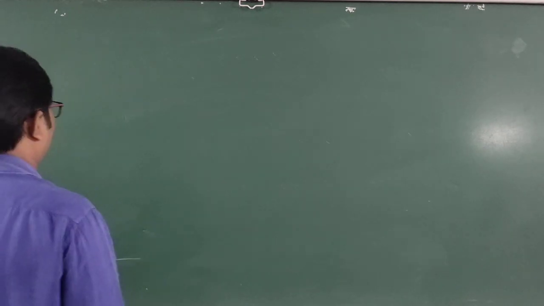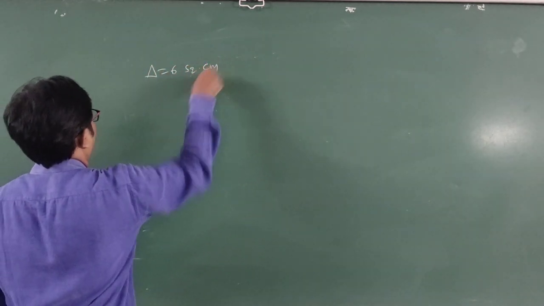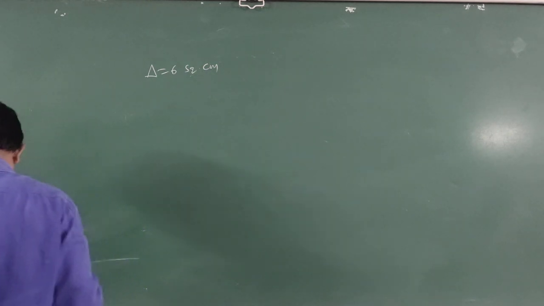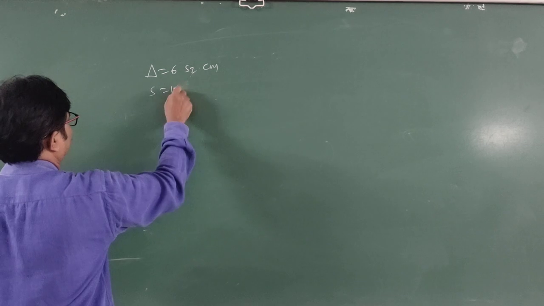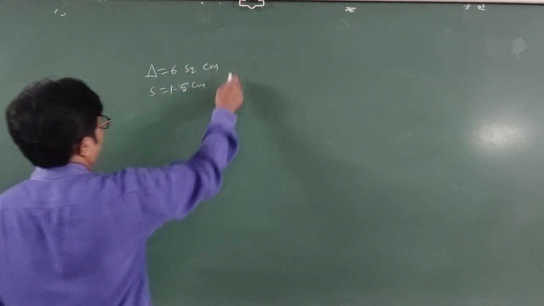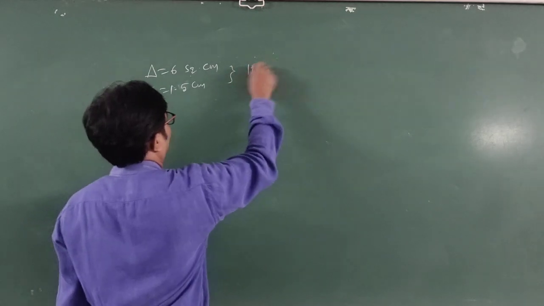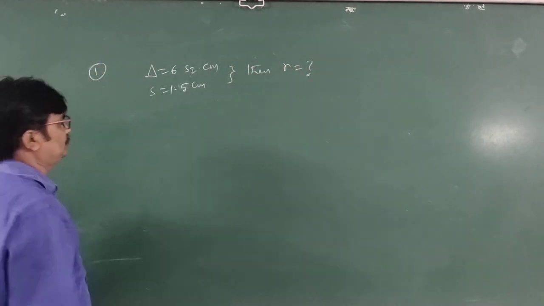So my dear students, right now I will take one more question. If delta equals 6 square centimeters and s equals 1.5 centimeters, then the small r equals what?